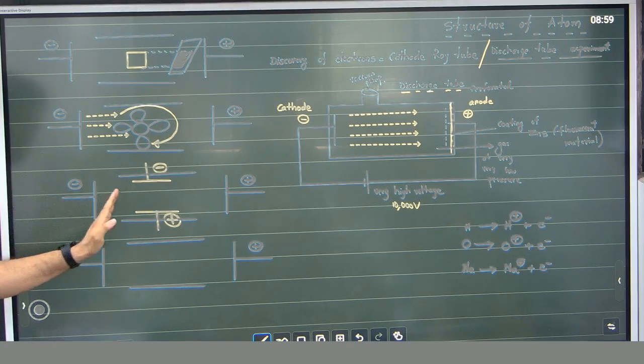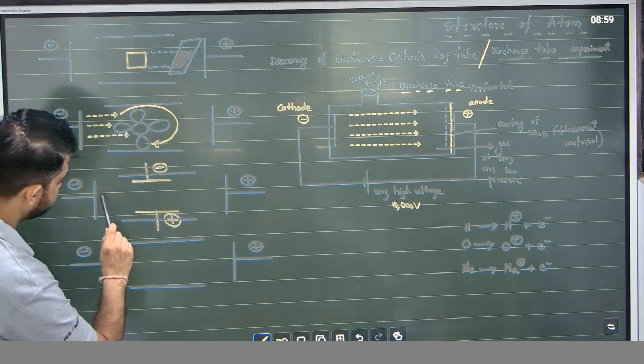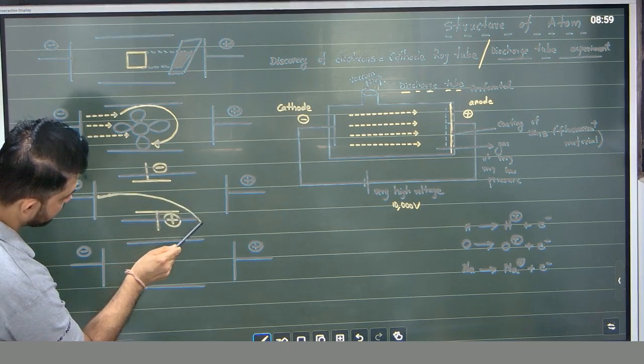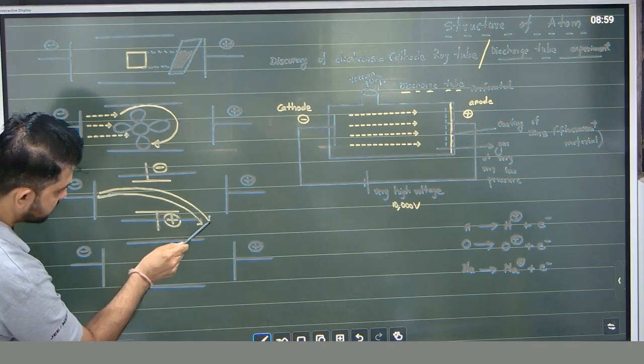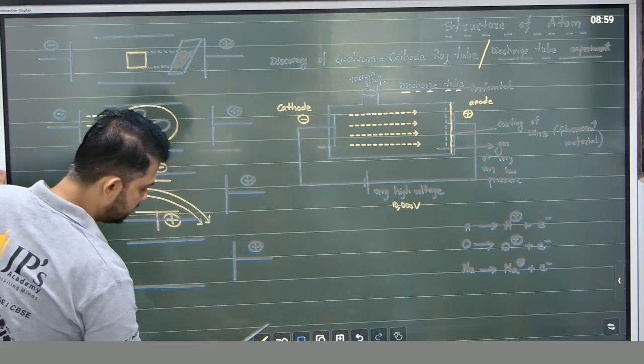I mean, will the particles move up or will the particles move down? How will the trajectory change? The particles' trajectory would change like this. Are you getting that?